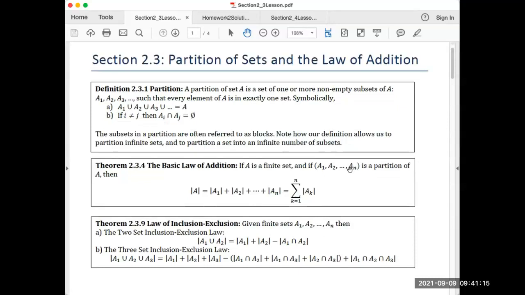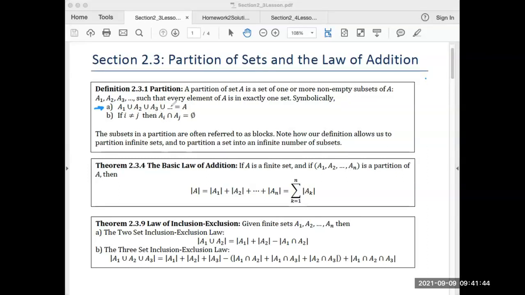All right, so partitions. Basically, we touched on this a little bit in the first problem set. It's basically dividing up a set into smaller sets under some conditions. So the conditions to have a partition for a set is that the subdivisions all get together and contain all the elements in the original set.